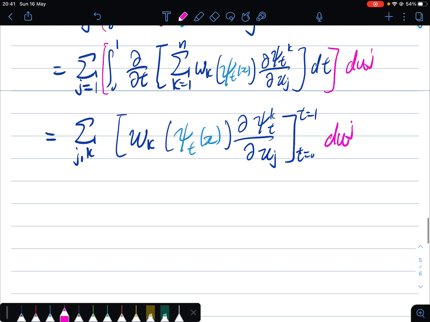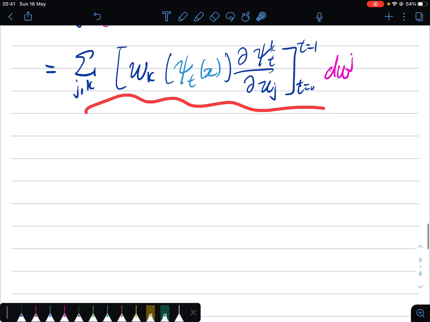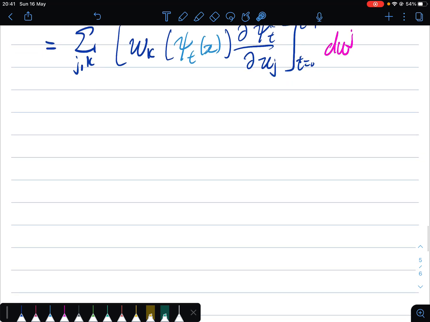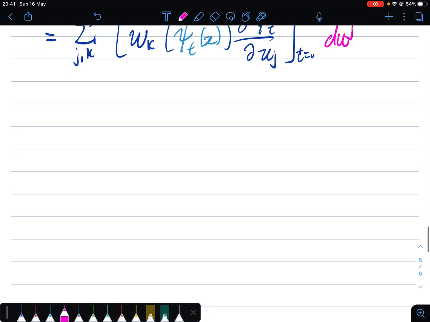But what does this stuff mean? Now we can check that from the inclusion map.